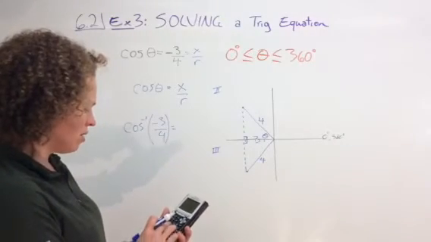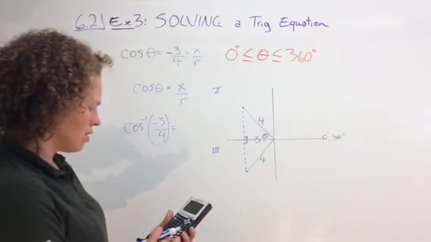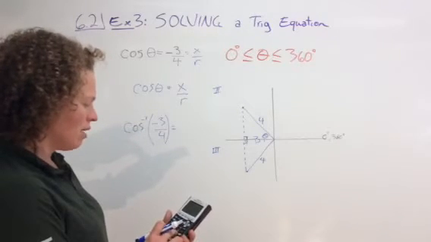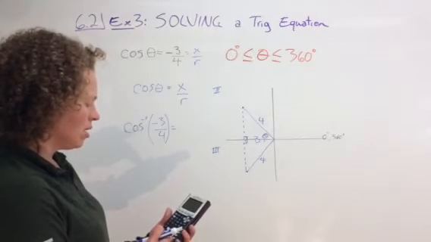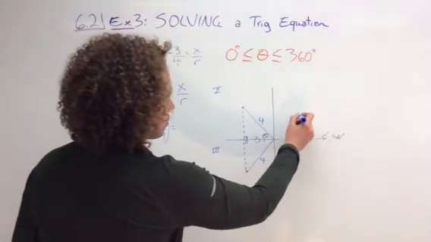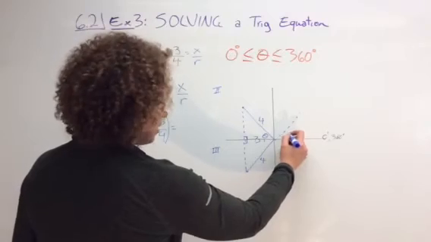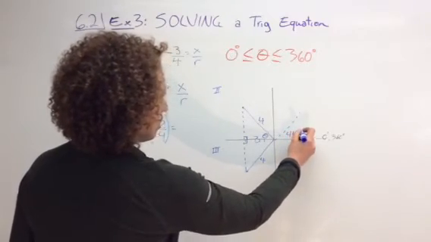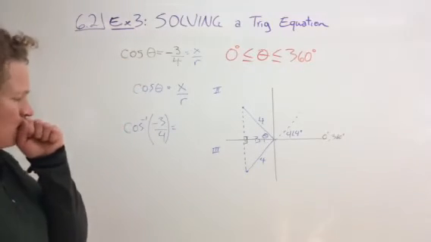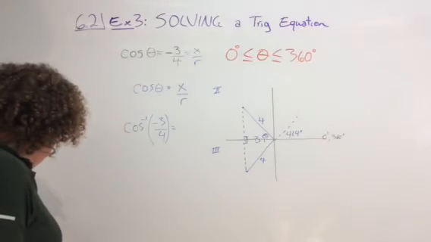It's better to just go second function cos 3 divided by 4, because that will give me my reference angle. So if it was in this quadrant, then my reference angle would be 41.4. And I don't really love to round that off because it's so close to halfway. So I'll just leave it for now.